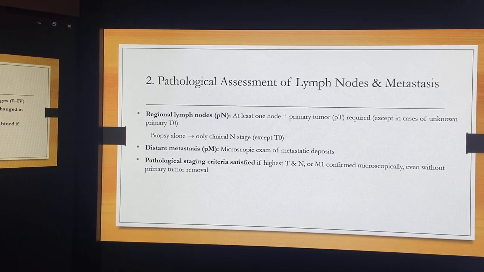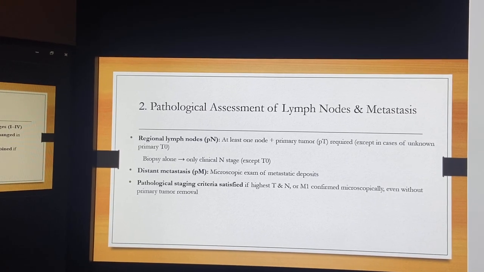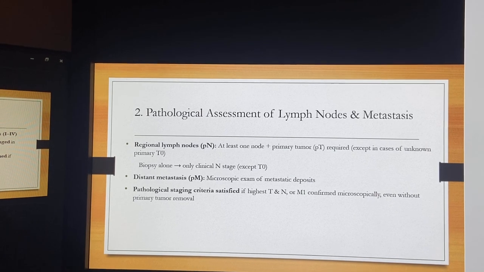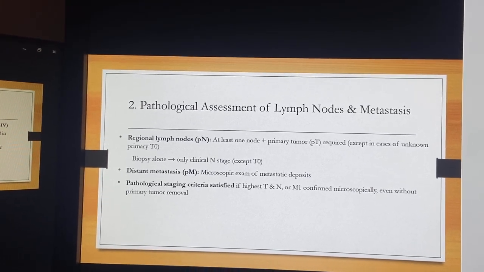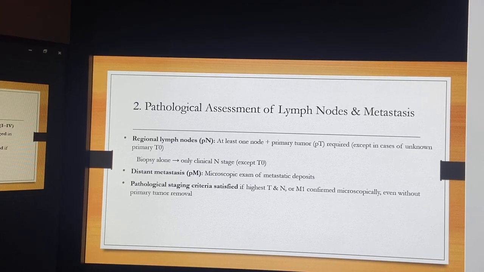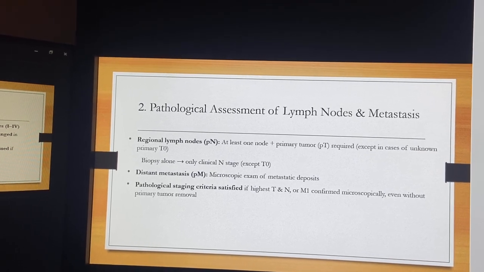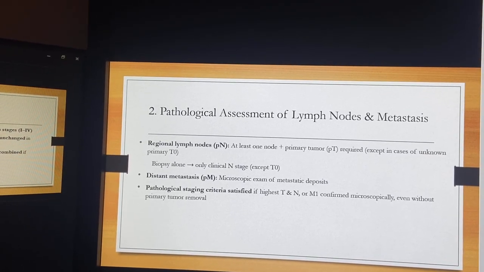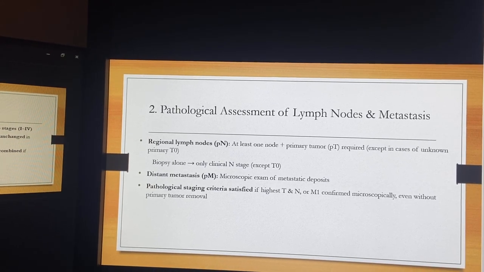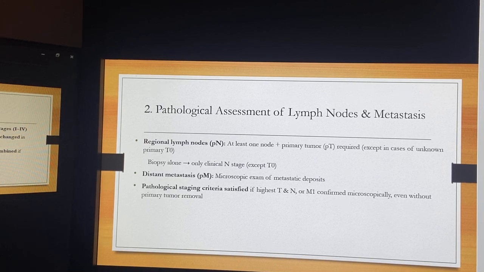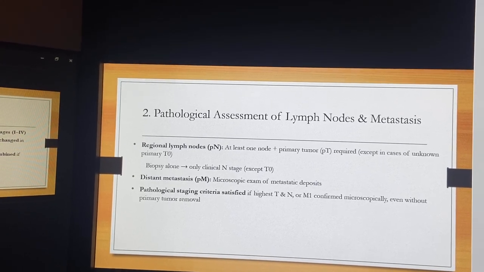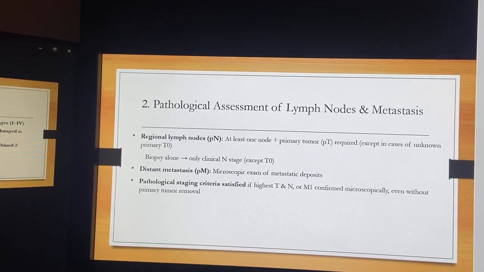Second, the pathological assessment requires examining at least one lymph node along with the primary tumor, except in cases of unknown primary. A biopsy confirming the highest N category can be used for the pathological N category, but lymph node excision alone without evaluating the primary cannot establish a full pathological N category, except when the primary is unknown.